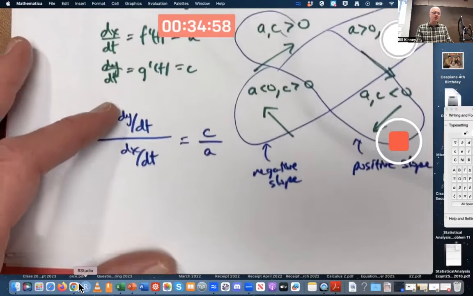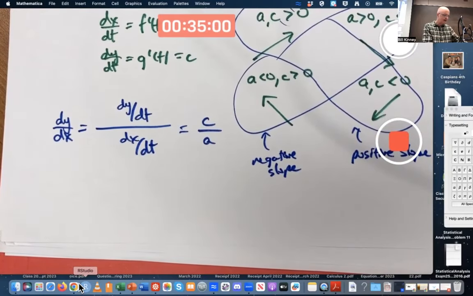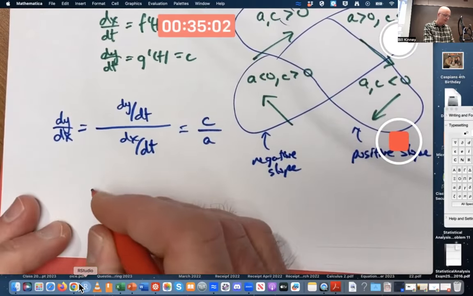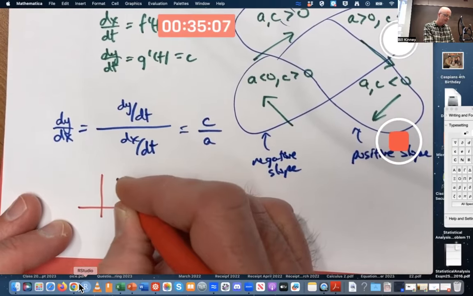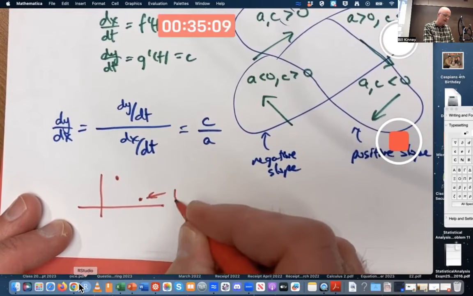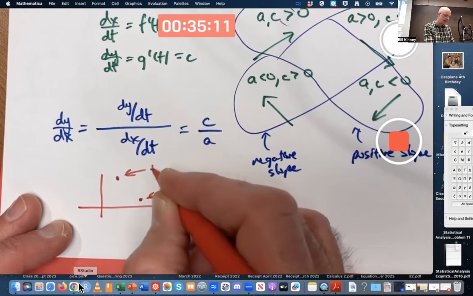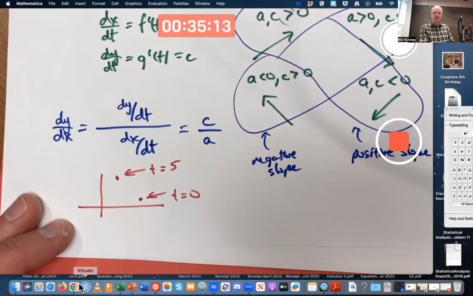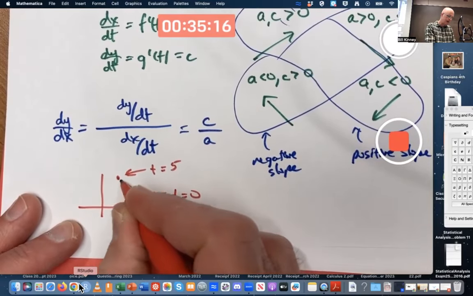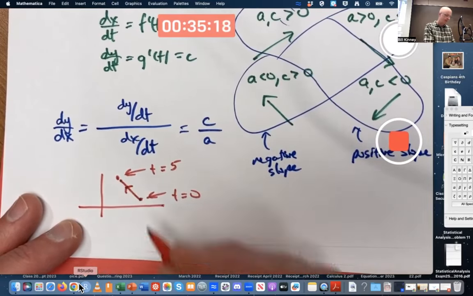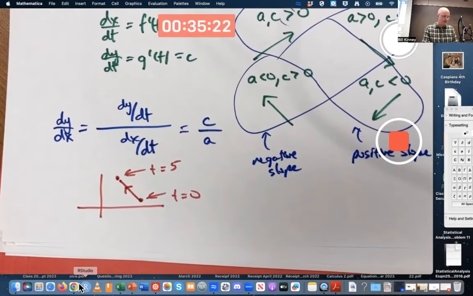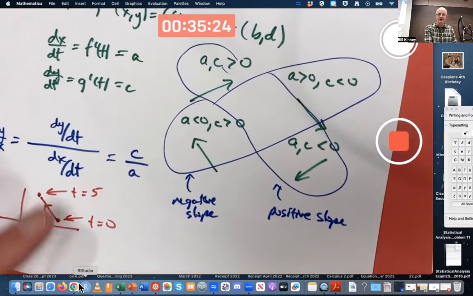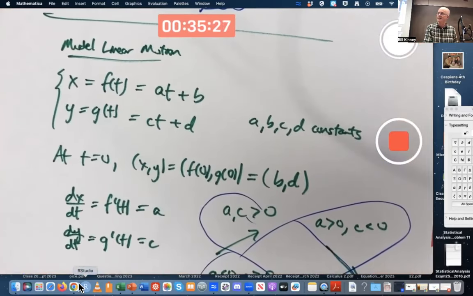If you wanted to model motion starting at a certain point at a certain time and ending at another point at another time, say you're here when t is 0 and here when t is 5, and you're modeling motion along a straight line at constant speed from this point to this point, what would I do? Well, essentially, I'd use these kinds of equations and try to solve for a, b, c, and d using the given information.